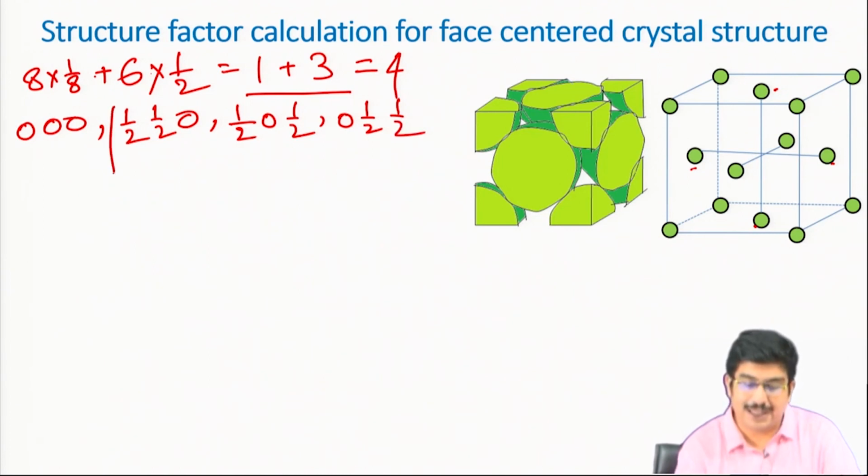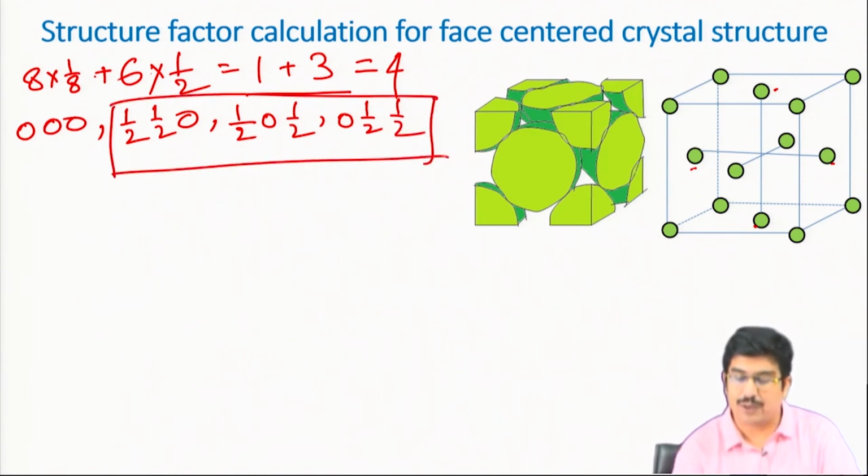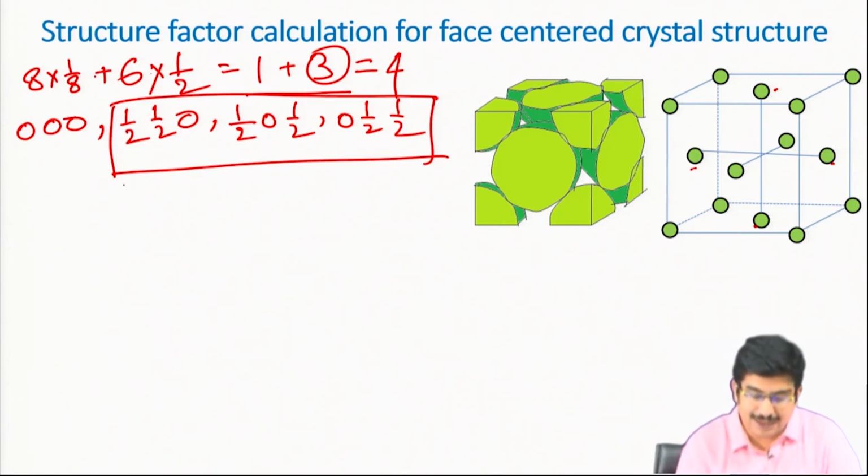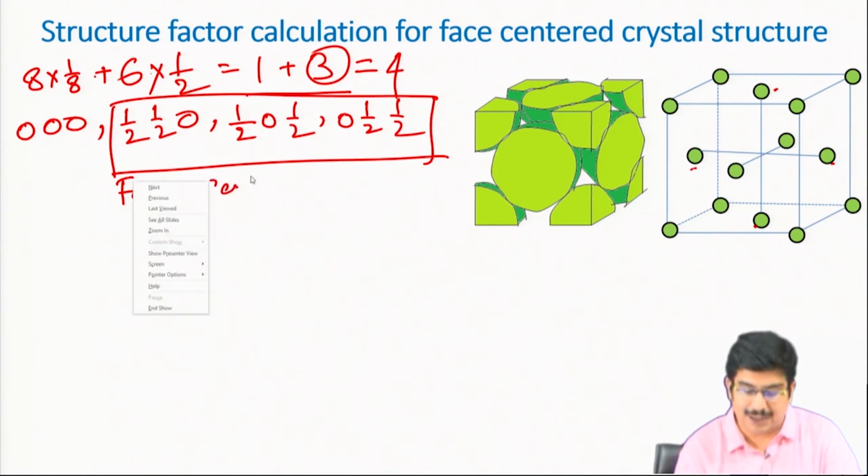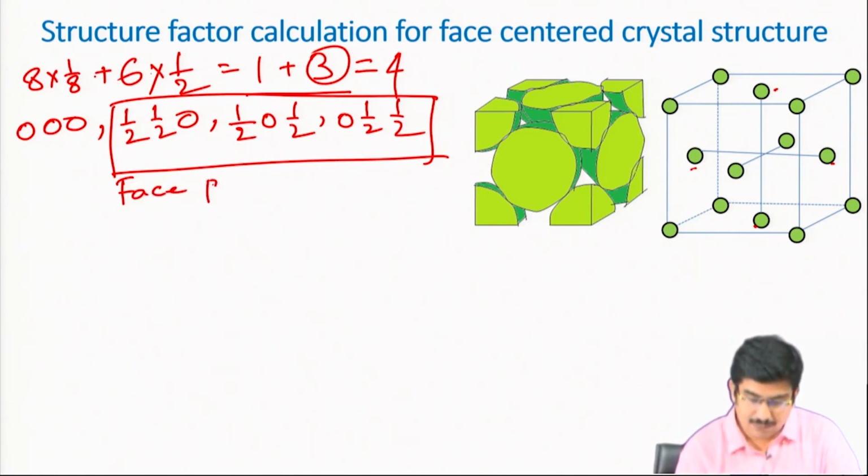So these are the general fractional coordinates of the three face centered atoms. This one, just like body centered translation, is called face centering translation.